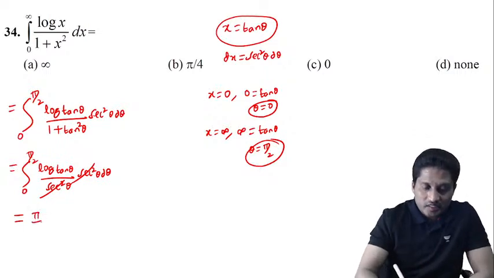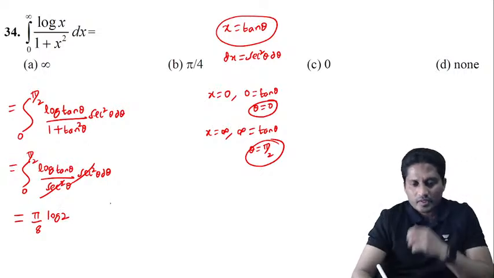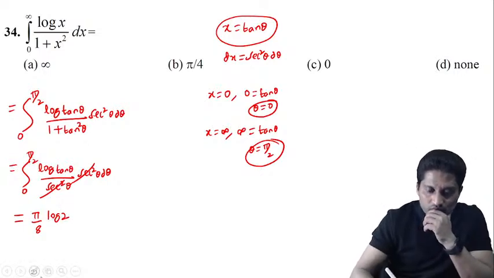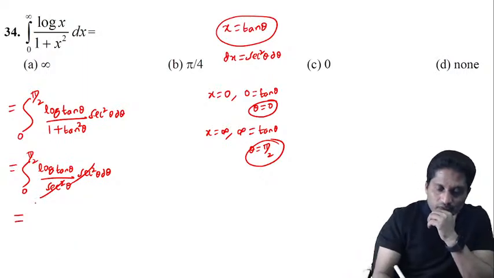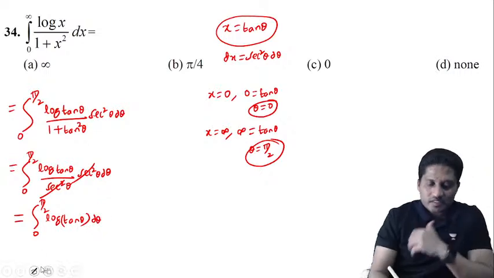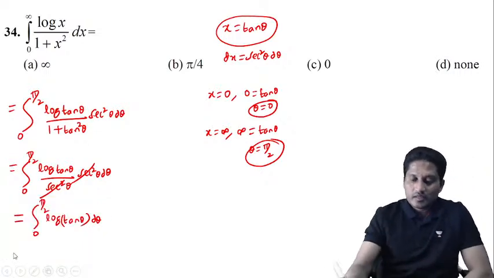It's a standard result. No, sorry, this is integral 0 to pi by 2 of log of tan theta d theta. I have given these results in my earlier videos as well.